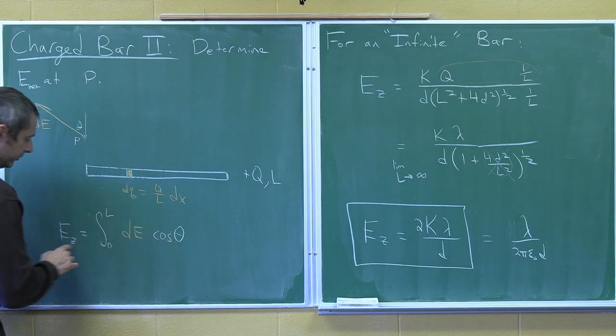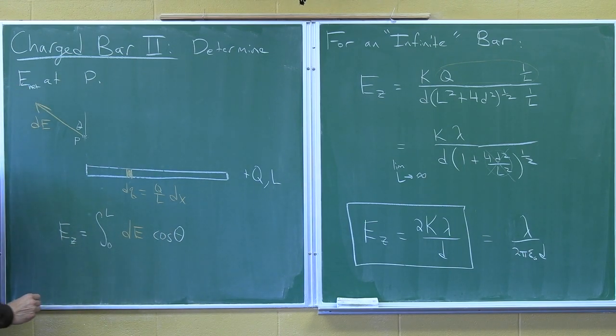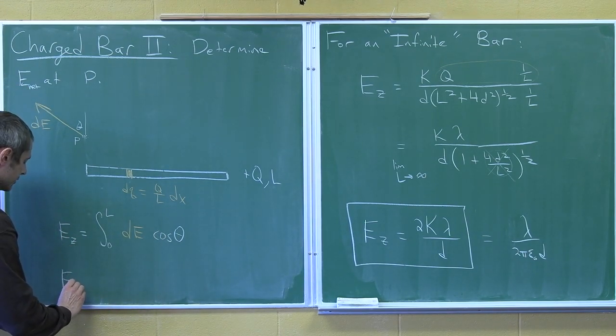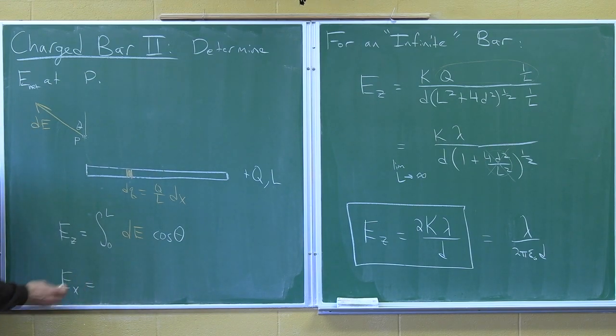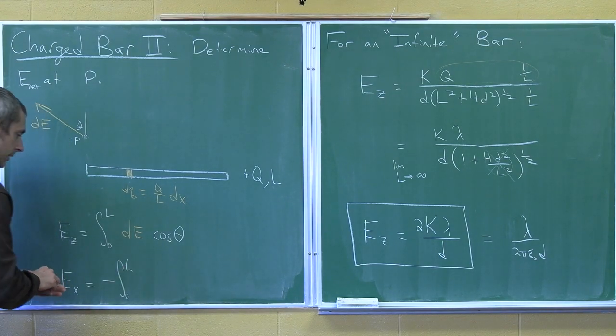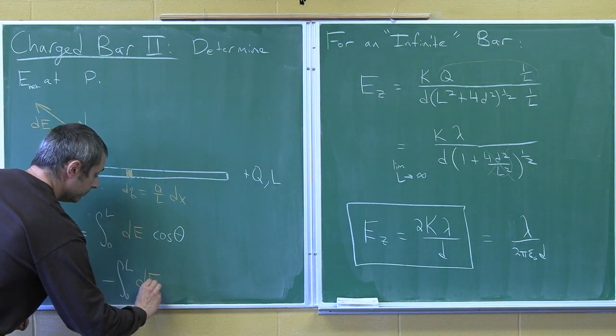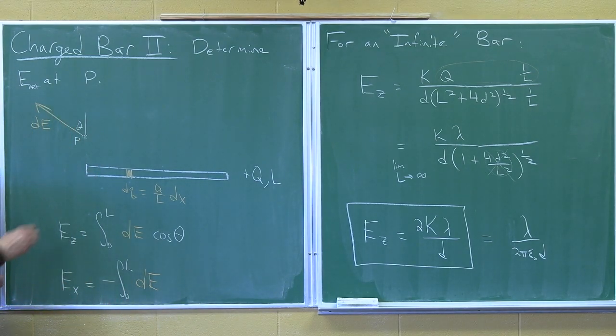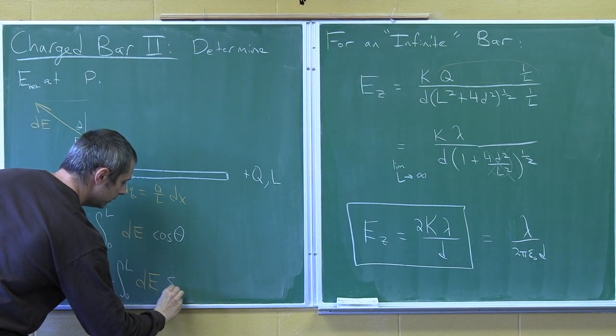But once I get the z component, I'd have to do a whole other calculation for the x component. And maybe it points left, so I'll put a minus sign. From 0 to L again, dE, which I find from kq over r squared, times the sine function now, because that's the opposite side, and this is the hypotenuse.